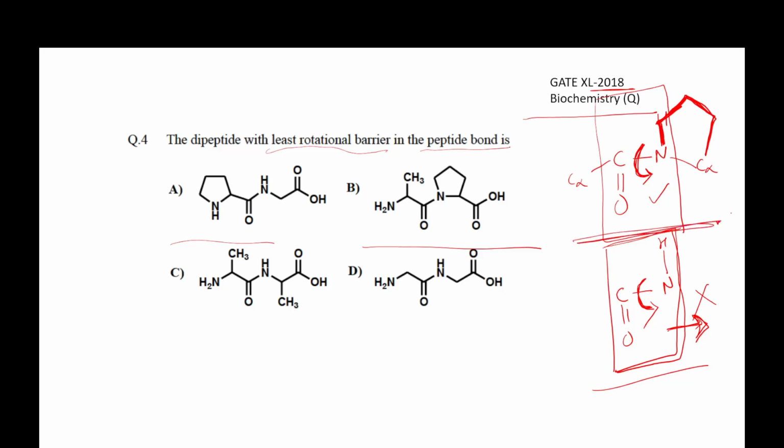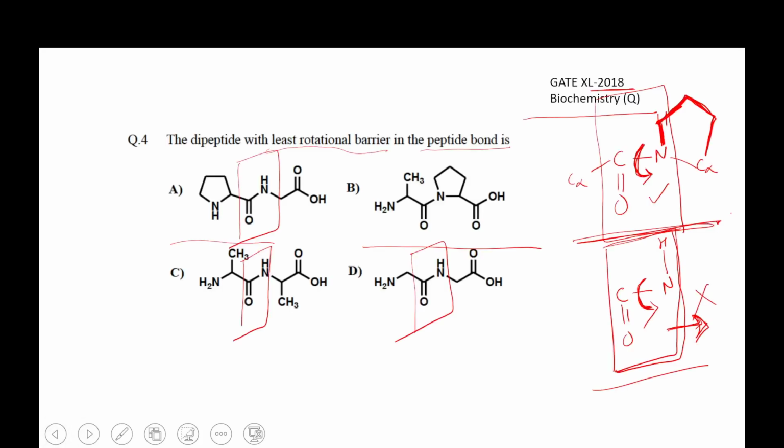Out of these 4 options, this one also has a planar structure of the peptide bond. Here also that plane will form, here also a peptide bond will be present. But here, the peptide bond is formed, but that planar structure of 4 atoms cannot be formed. In all the other cases, movement will be restricted around the peptide bond.